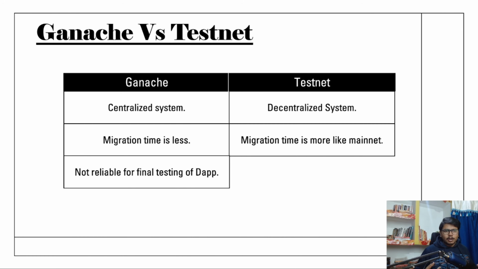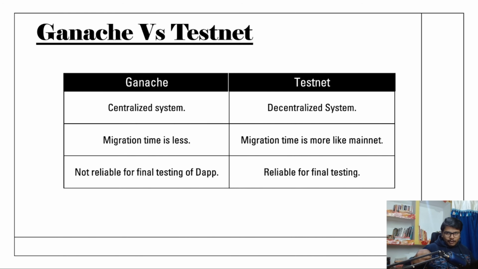It is just a blockchain simulation, which is not actually working like your main network. While if you want to do reliable final testing of your smart contract, to see whether it is working correctly or not, then you should first deploy it on a test network, check it there, and then only go to the main network.